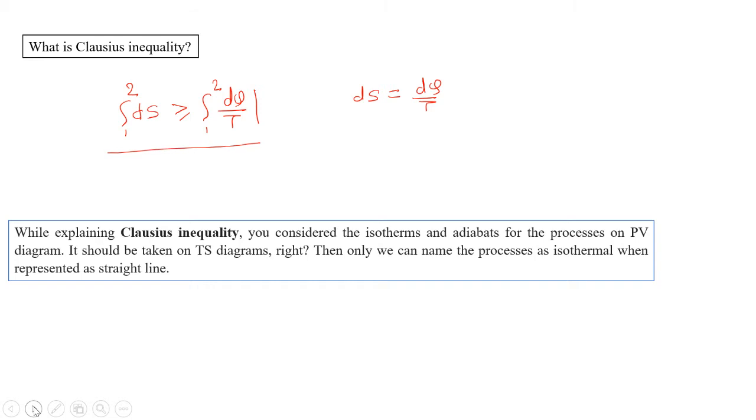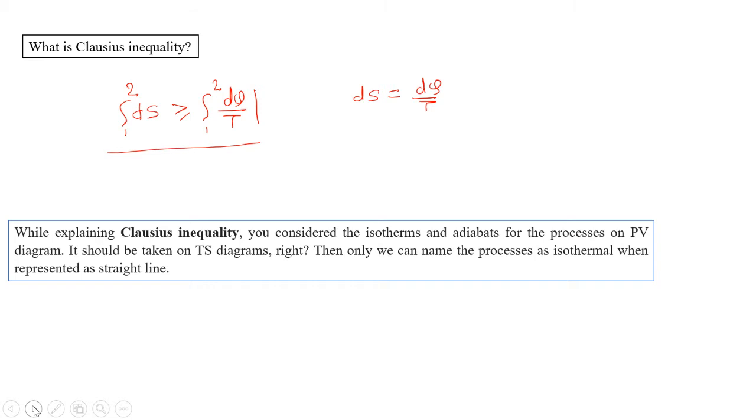It should be taken as TS diagram. Actually, this is almost correct, there is no problem. Central idea for this explanation is same, that no two adiabats can intersect with each other. So, that explanation will hold in any chart, whether it is TS diagram or PV diagram.